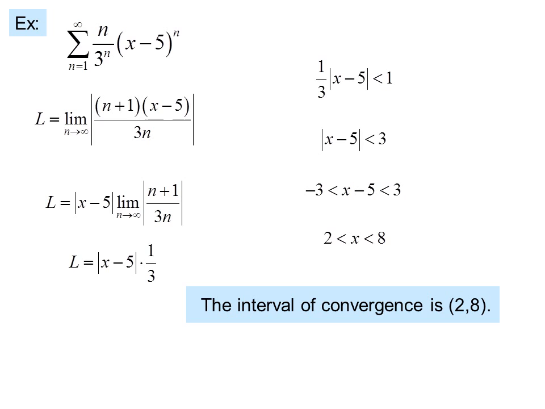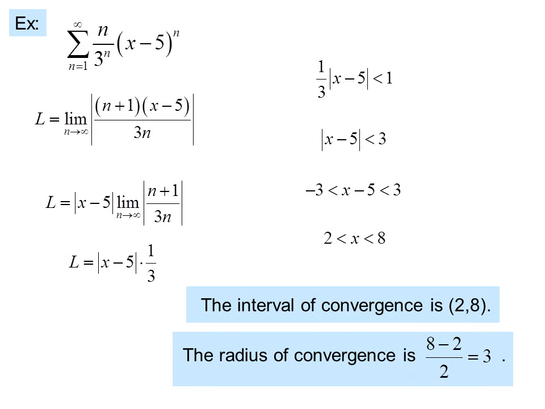So the interval of convergence is the interval from 2 to 8, and the radius of convergence is 8 minus 2 over 2, or 3. Now in this case, we're going to skip over checking the endpoints since we were mostly looking for the radius of convergence.